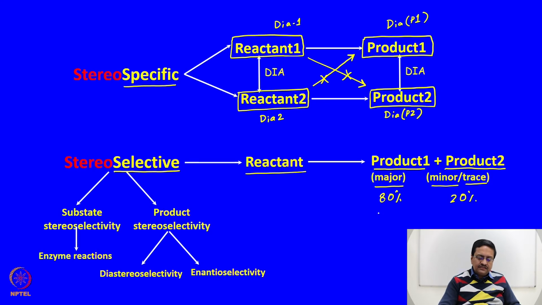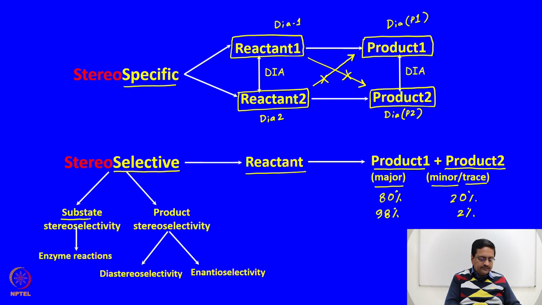In some reactions, one forms 98% and the other 2%, and in that case we call them major and trace product. These stereoselective reactions can be divided into different groups.